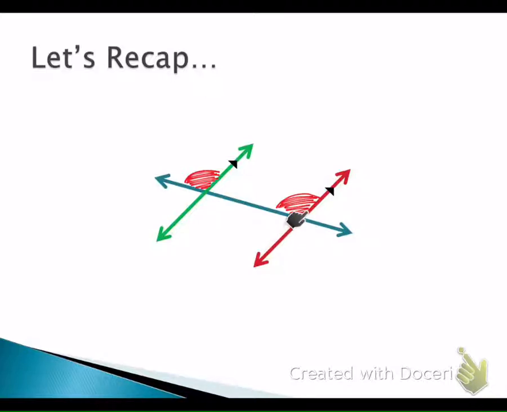Now, the second thing I learned is that alternate interior angles are congruent. So if this one's red, this one right here would be the same thing. Which makes sense because these two are vertical angles, right? We also learned that alternate exterior angles are congruent. So whatever this one is too.